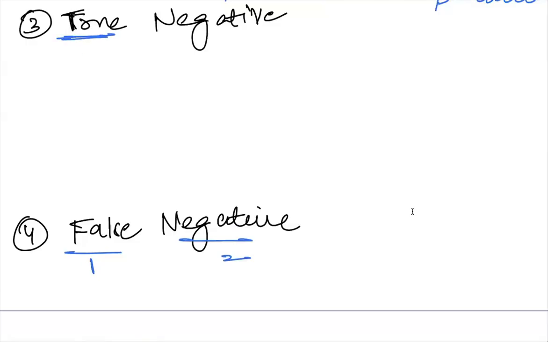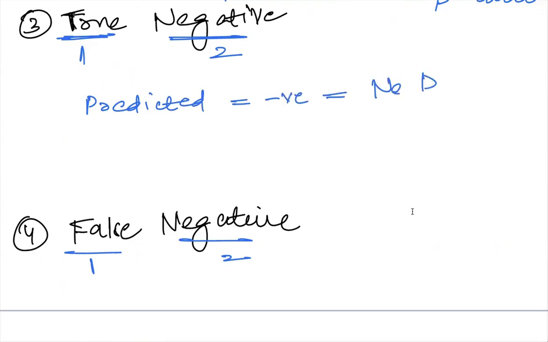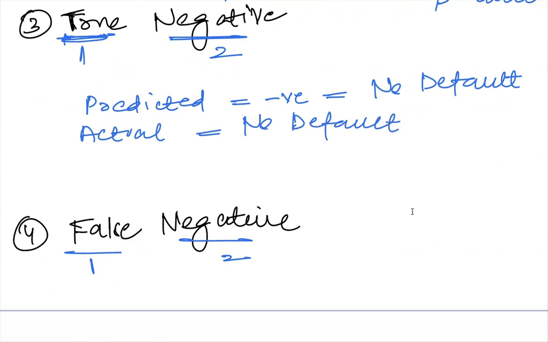This is what actually has happened, and this is what the model has predicted. What the model has predicted is negative, which means no default. Positive is default, negative is no default. And true means actually also there was no default. Is this clear?